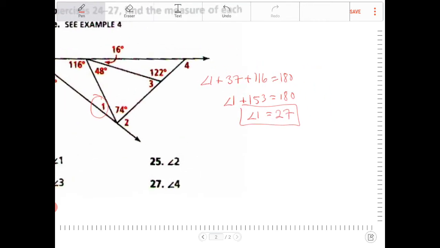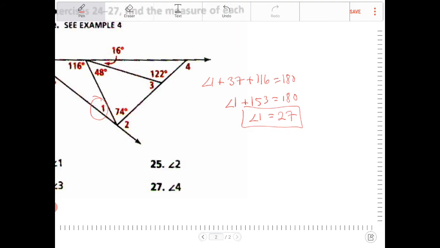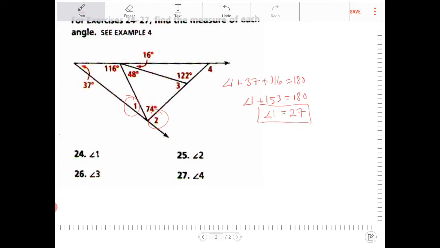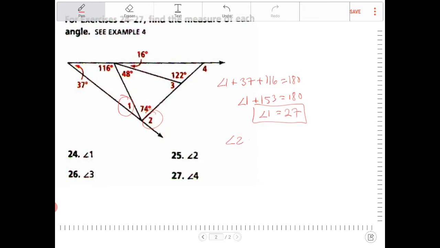Angle 2. Let's see here. Where's angle 2? Angle 2 is over here. Well, I know that angle 2 plus angle 1 plus 74 should equal 180.